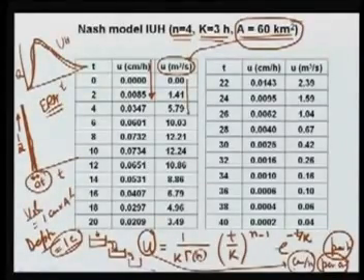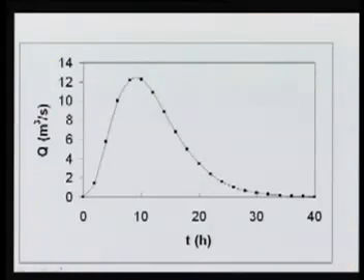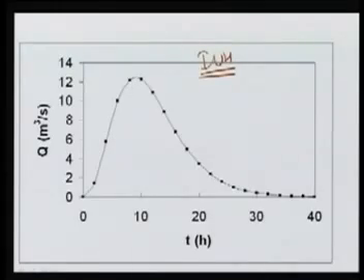These ordinates can be seen here with the peak occurring at about 10 hours of almost 12 meter cube per second, and the plot of the IUH indicates that over a catchment of 60 km square, if a 1 centimeter rain occurs at time t equal to 0 instantaneously, then this would be the resulting hydrograph with a peak of almost 12 meter cube per second.